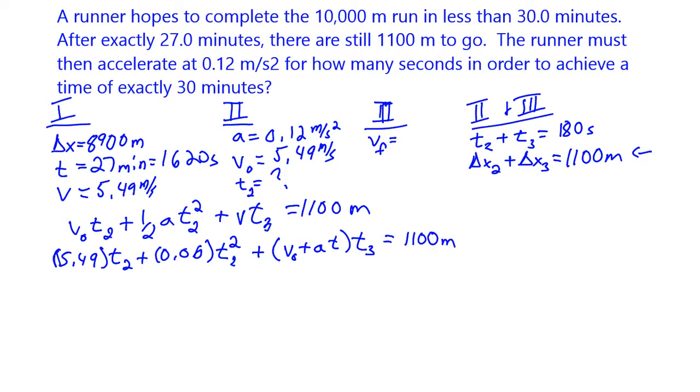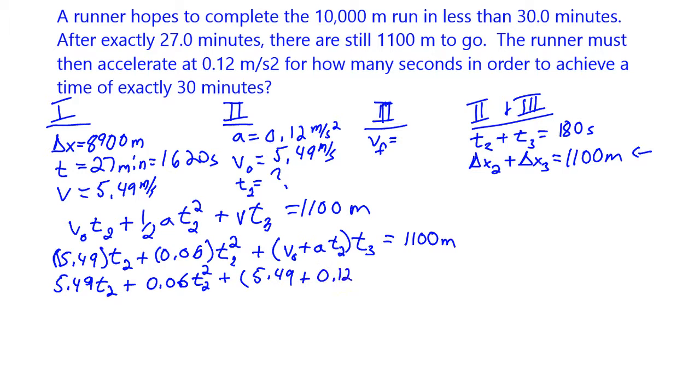I'm going to do a little bit more simplifying here. This is T2 here. So this is still 5.49 T2 plus 0.06 T2 quantity squared plus v0, which is 5.49 plus 0.12 times T2.